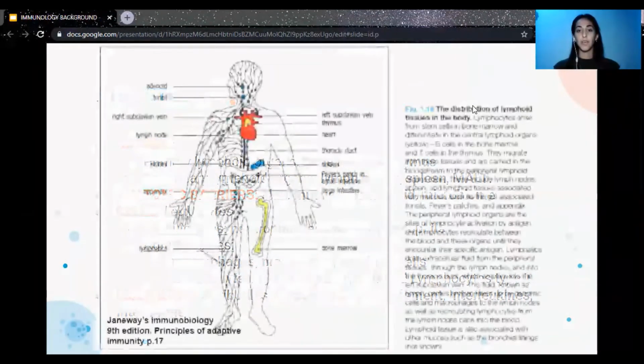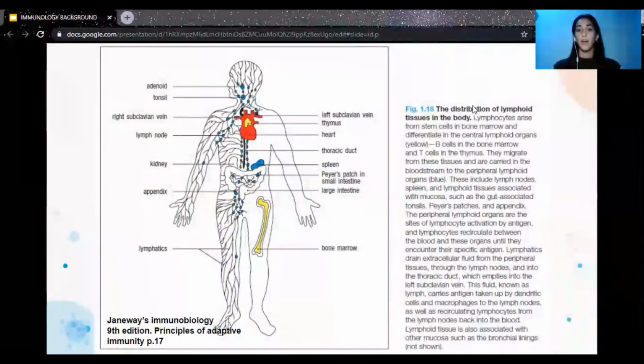Here in the picture, we can see the central lymphoid organs are the bone marrow and the thymus. The bone marrow is localized inside long bones such as the femur, and the thymus is localized in the mediastinum, in the middle upper chest behind the sternum.